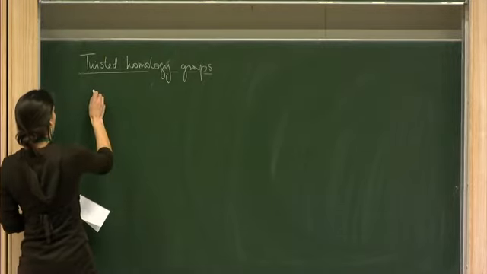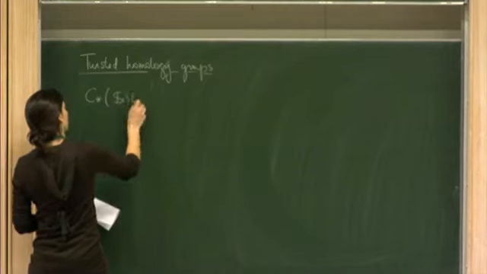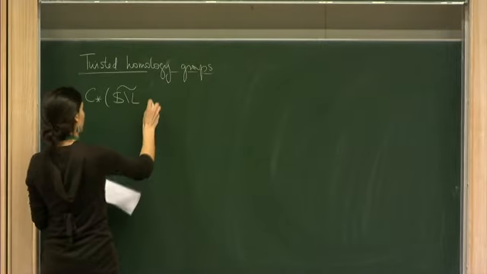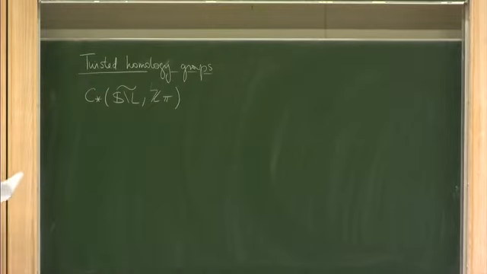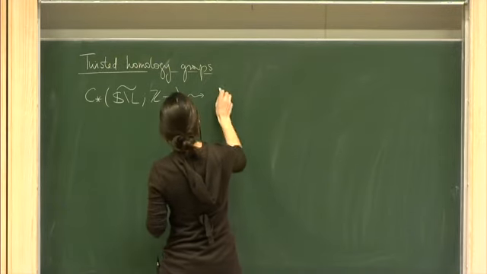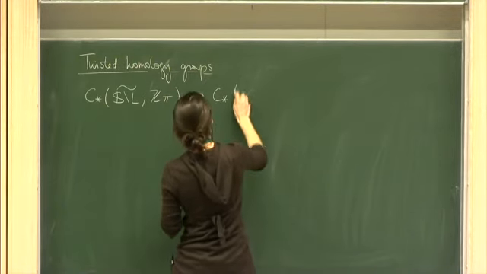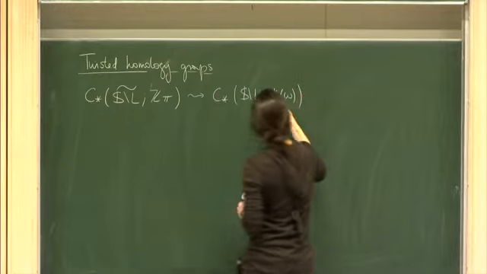So you start by considering the chain complex of the universal cover of S minus L as a Z[pi]-module. This is the cellular complex, and then I want to consider the cellular complex of S minus L twisted by my character.